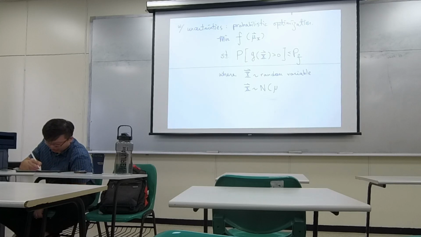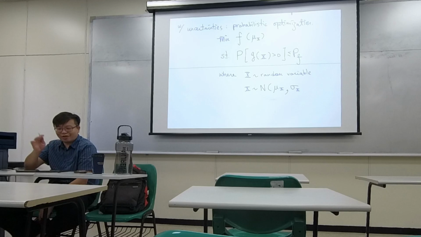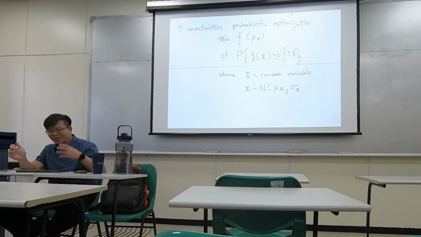So here I can write in this way. For simplicity, I will erase the vector sign, otherwise it's so complicated. So I will just focus on a single variable derivation, because optimization with uncertainties is already very complex.